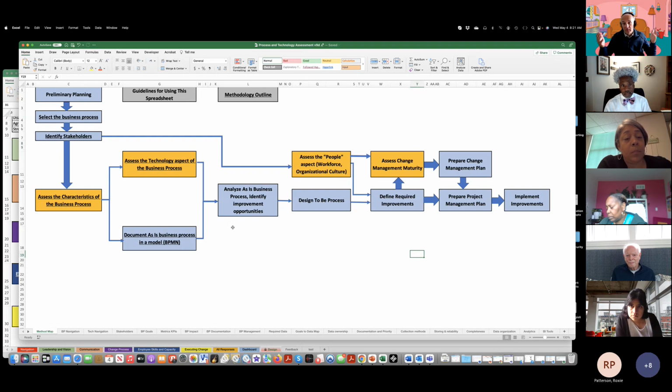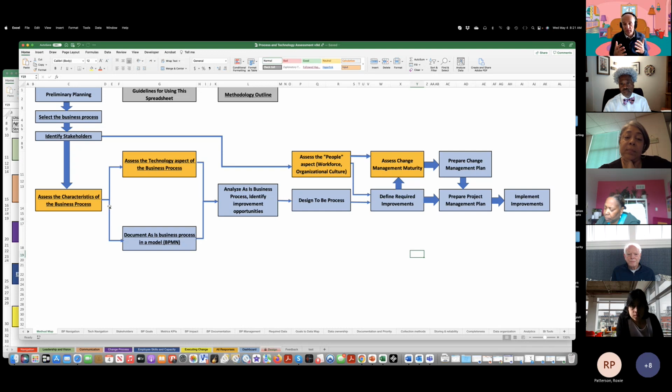Does it mean that everybody's going to have to grow a mustache? What are we talking about here? So what we have thought is to put it in the context of improving business processes or applying technology or making some changes in how people do the work.